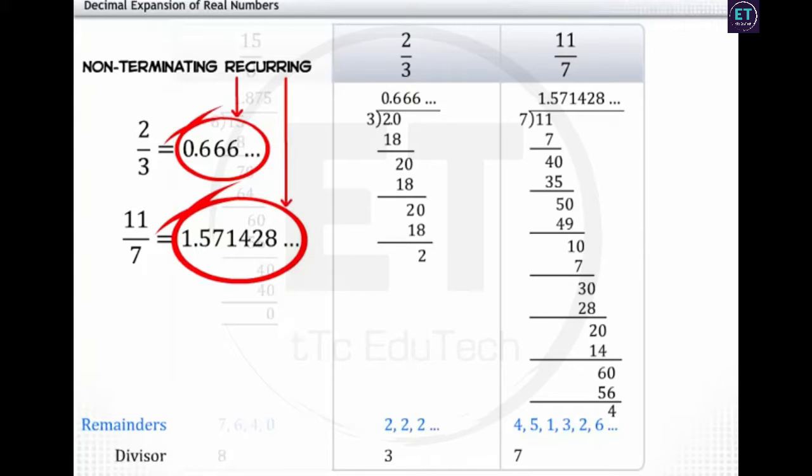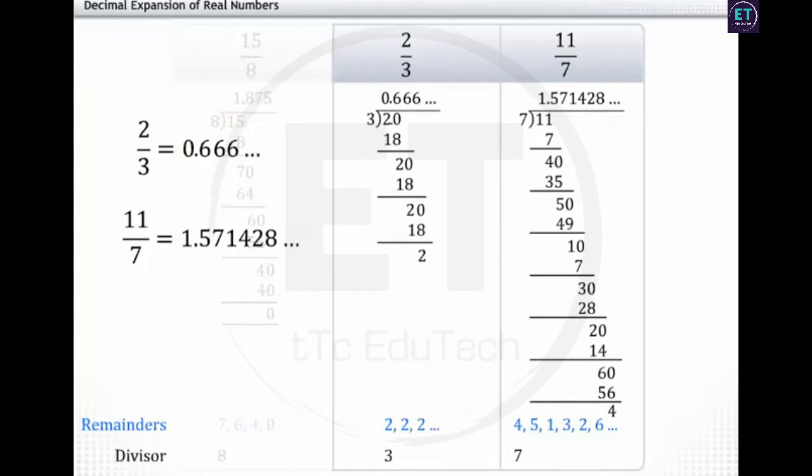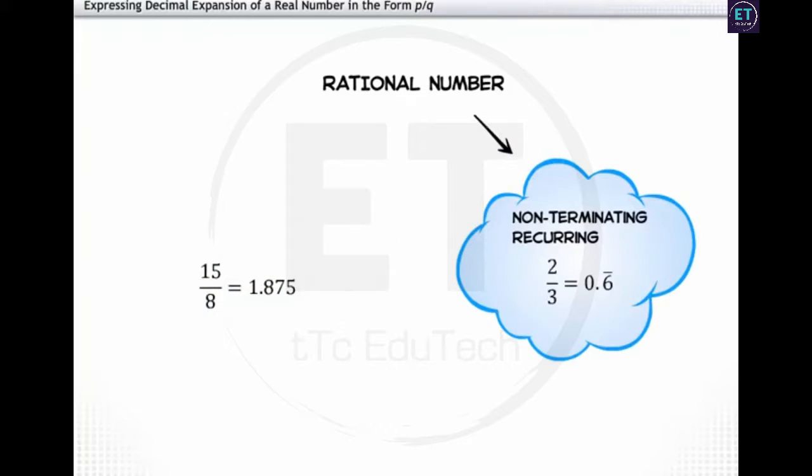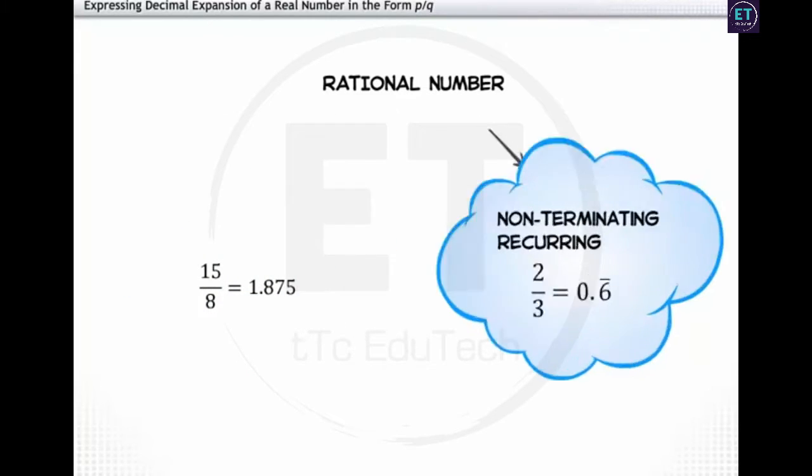We say that these expansions are non-terminating recurring. Commonly, we represent the recurring digits in the quotient with a bar on top of it. We read this as 0.6 bar. All rational numbers can be expressed either as terminating decimal expansion or non-terminating recurring decimal expansion.